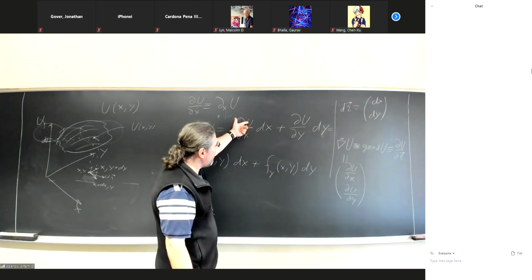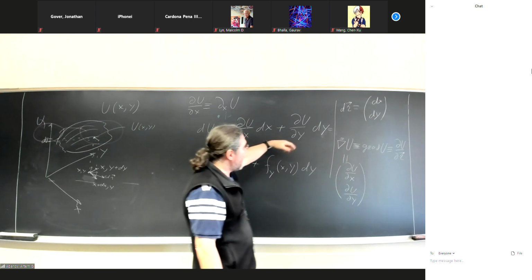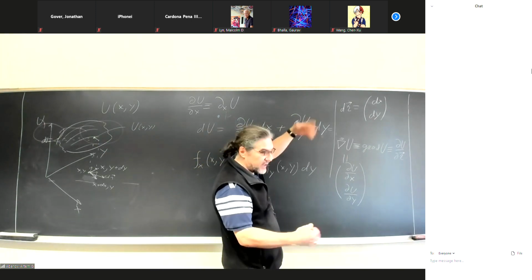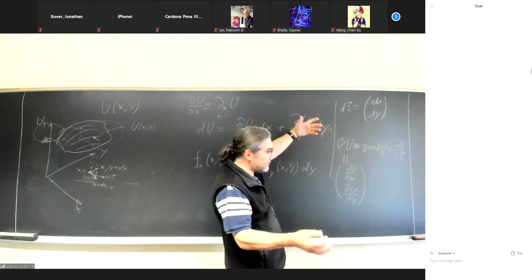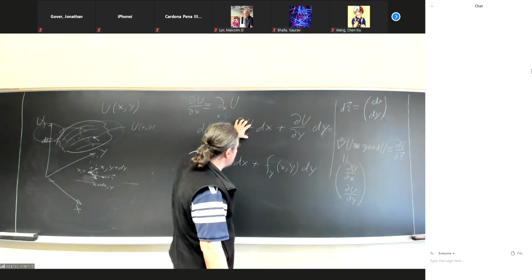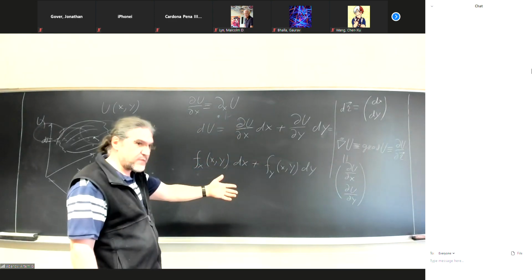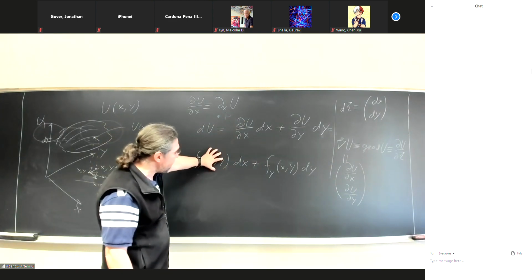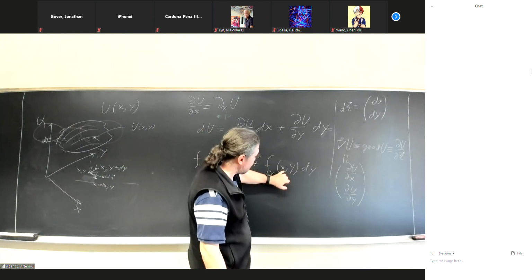We don't know what function u is, so we really don't know what this function is, unless we define what the function u is to begin with. But now we look at them generally. So this is also some function of x and y. This is some function of x and y, and this is some function of x and y. Now I write similarly the same expression: some function of x and y times dx, and some function of x and y times dy.